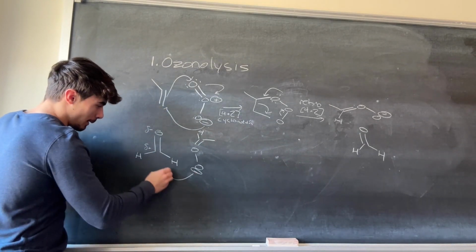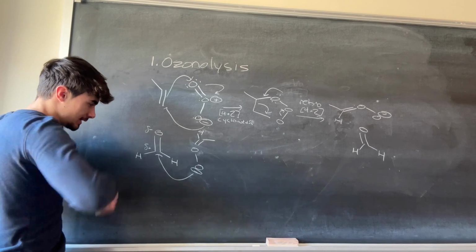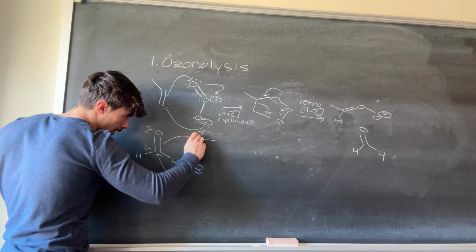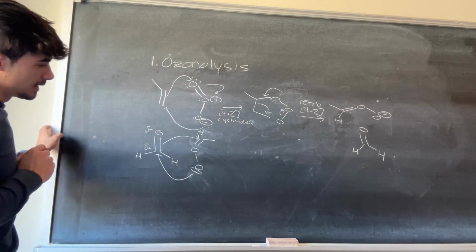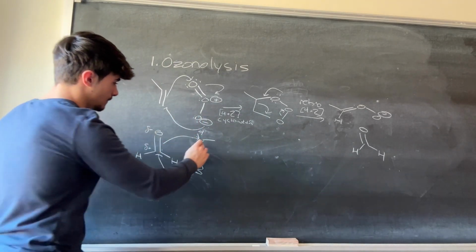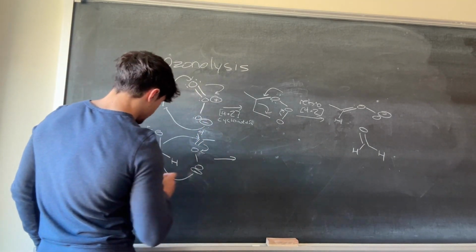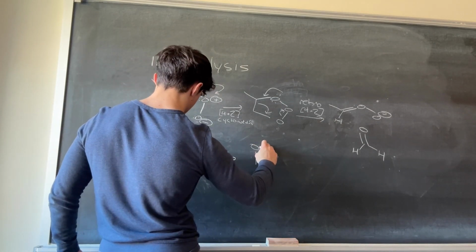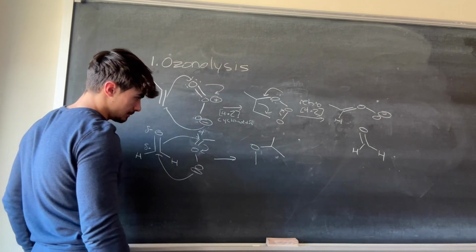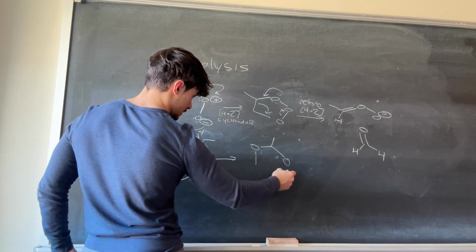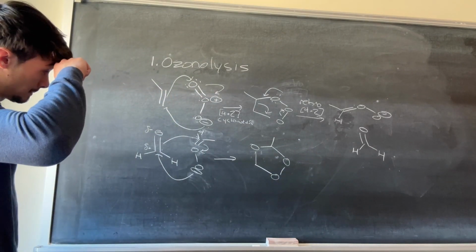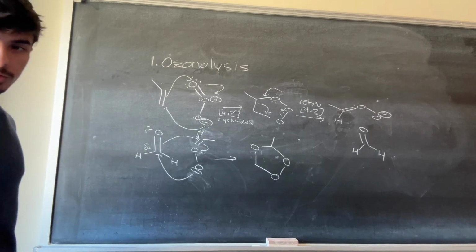So this can now attack the partial positive here, and then this pi bond will be able to jump over to that alkene. We now have that methyl there, and this oxygen connected to that carbon. We have another neutral intermediate.